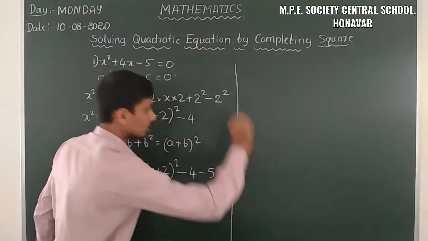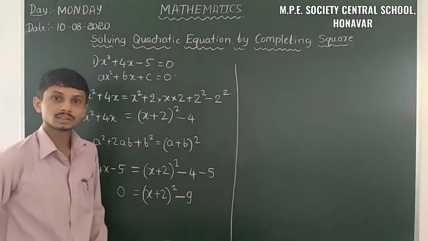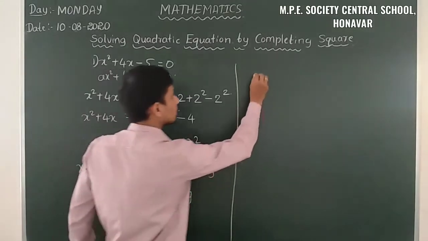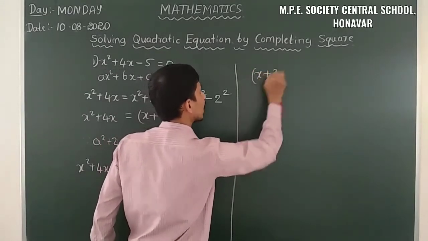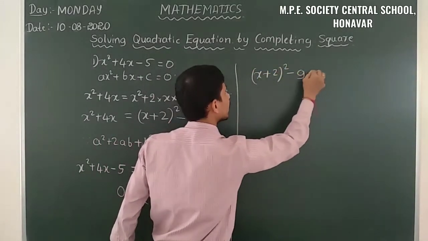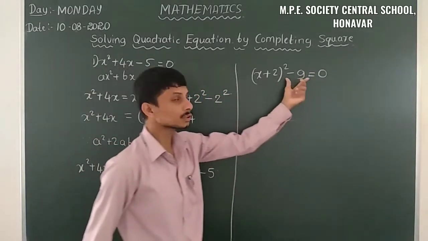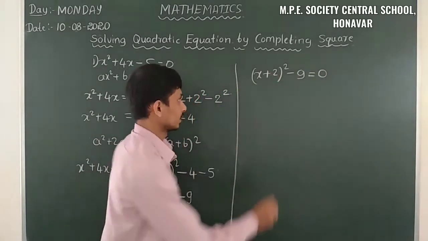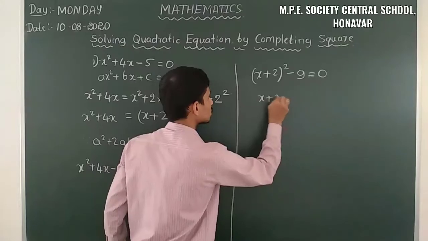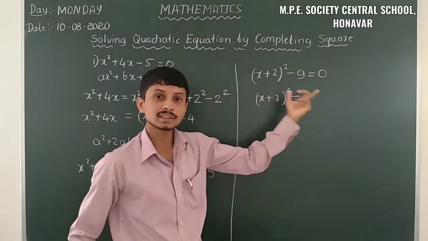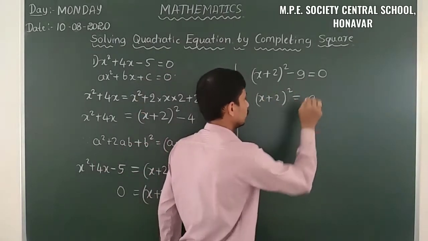Then we have to reduce the equation and find its solution. Our equation is x plus 2 whole square minus 9 is equal to 0. I will transpose this minus 9 to the RHS side, so x plus 2 whole square equals plus 9.